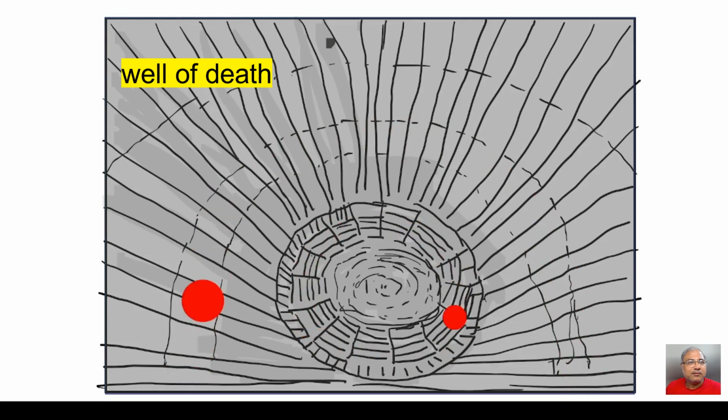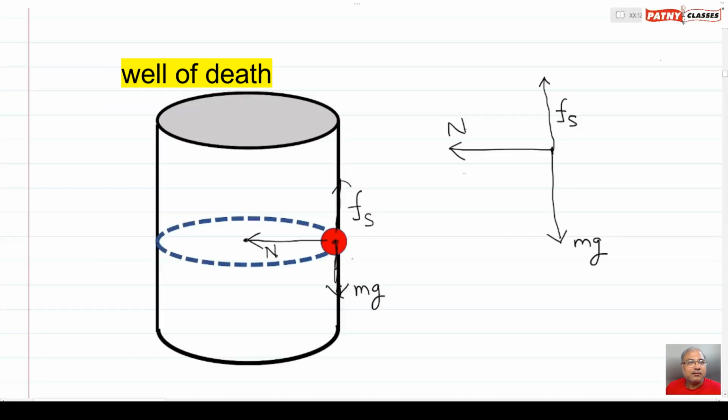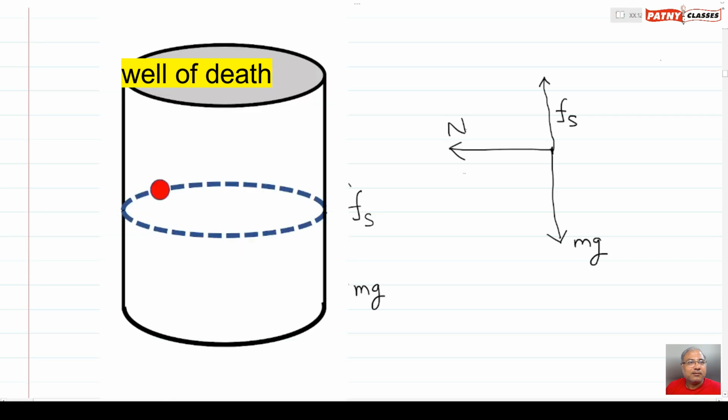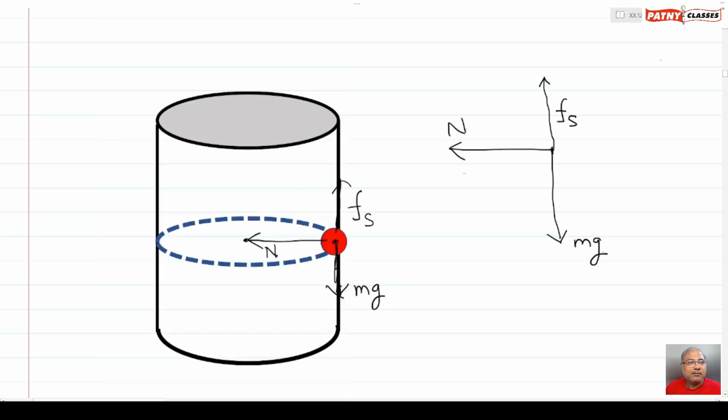Static friction maintains the body always touching the surface of the well of death. It is not allowing the body to move down, and that is possible with the help of static friction.